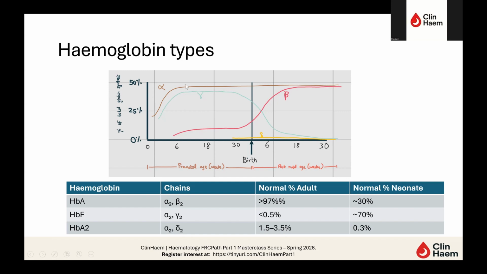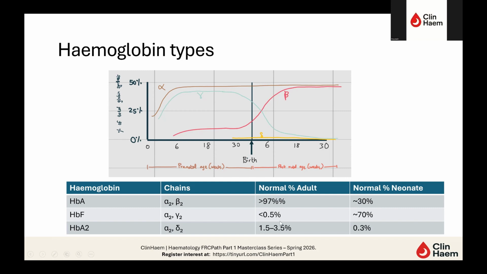Why all of this happens is because hemoglobin F has more affinity to attract oxygen. So that's what you need when you're a baby, so that across the placenta you can get more oxygen and take it to the baby. But afterwards, you can survive with HbA.